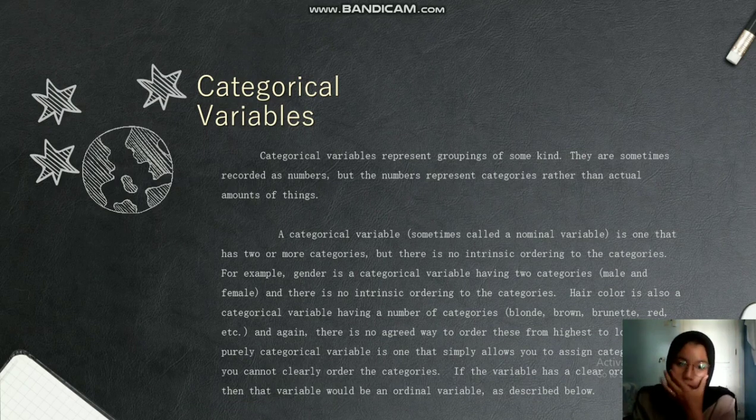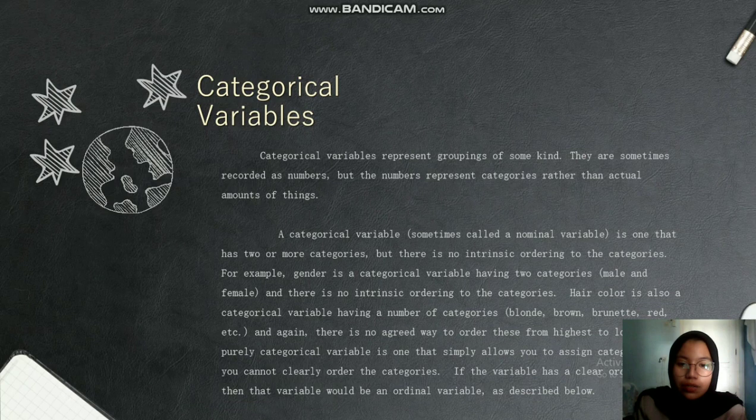For example, gender is a categorical variable having two categories, male and female, and there is no intrinsic ordering to the categories. Hair color is also a categorical variable having a number of categories: blonde, brown, brunette, red, etc. And again, there is no agreed way to order these from highest to lowest.